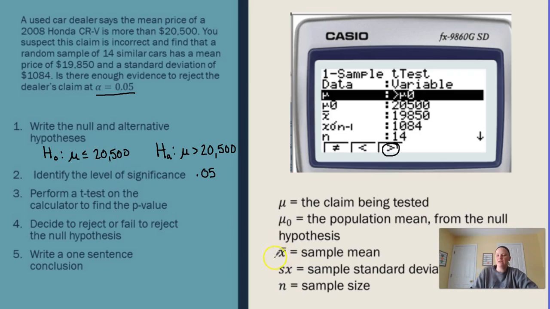X bar is the sample mean. When we took our sample of 14 cars, we had a sample mean of 19,850. Mu zero is the population mean that we're testing. Sx is the sample standard deviation, and then n is the sample size.